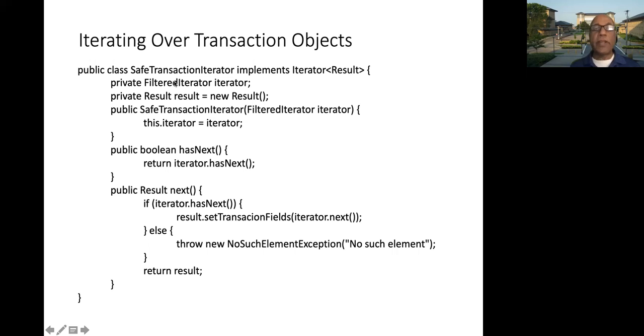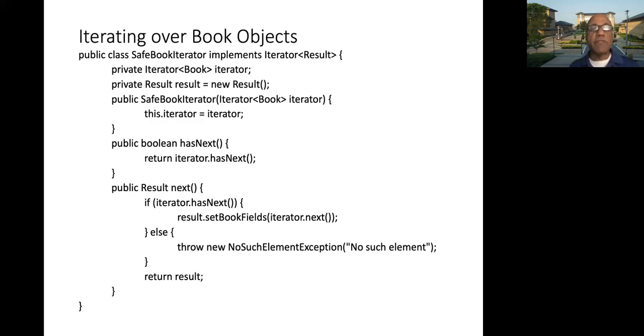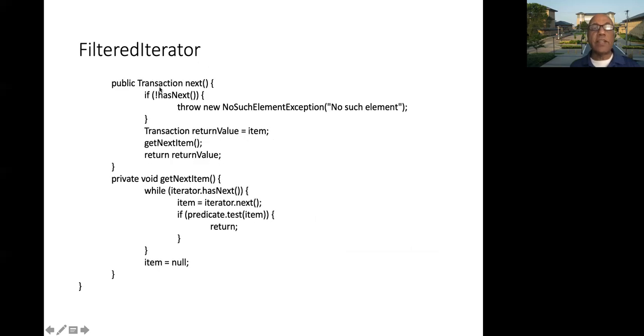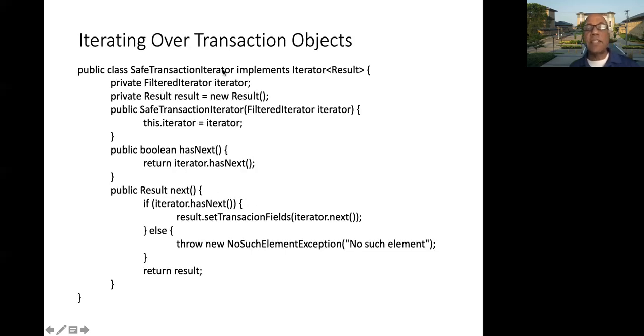So you should compare safe transaction iterator with safe book iterator. Safe book iterator takes an ordinary iterator because you want to supply every book here and copy that to a result. Whereas here, safe transaction iterator takes a filtered iterator because it only wants to return transaction objects that satisfy a certain criteria and copy those transaction objects to result objects.